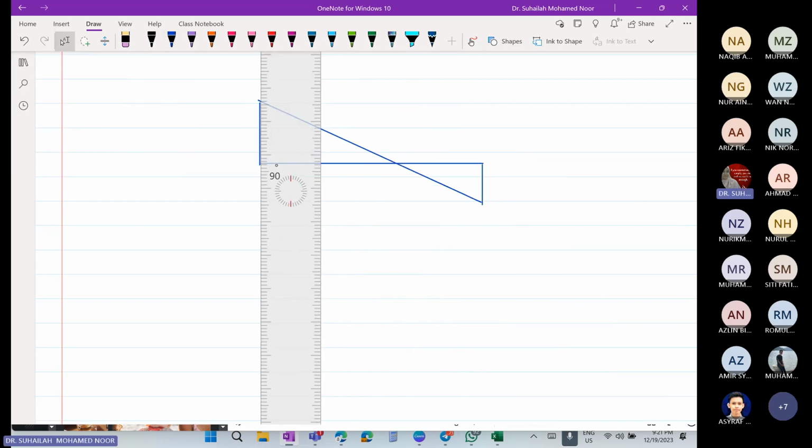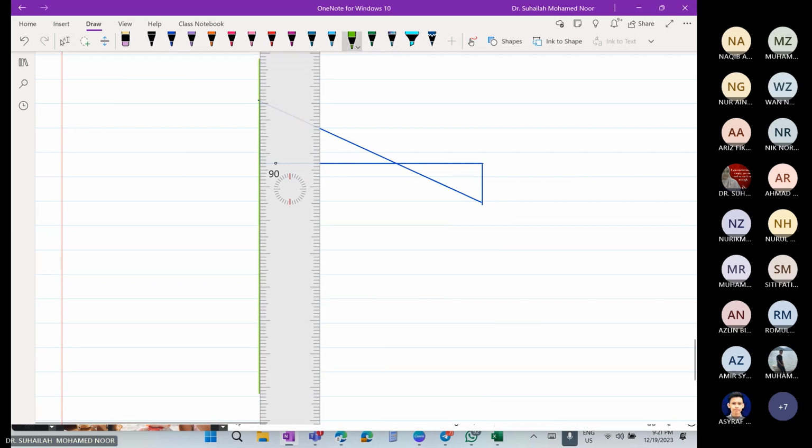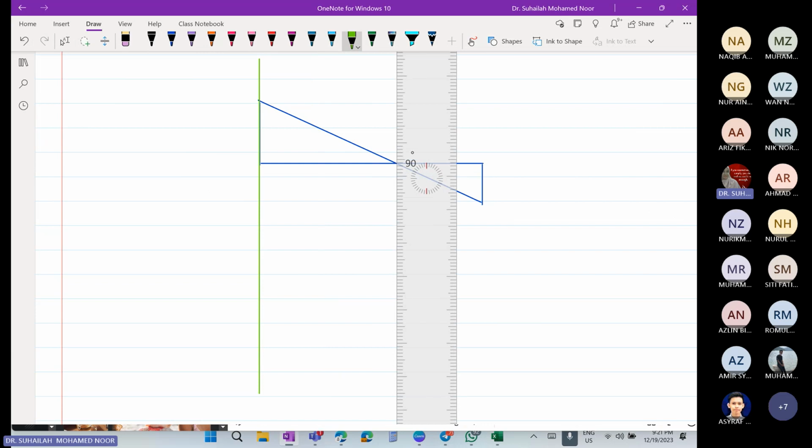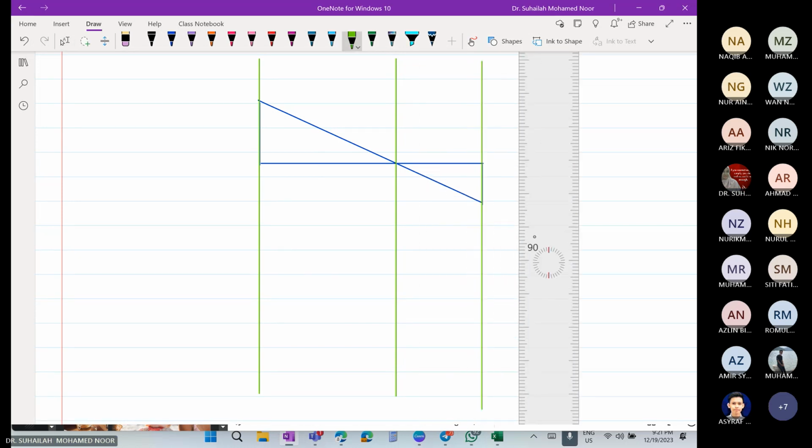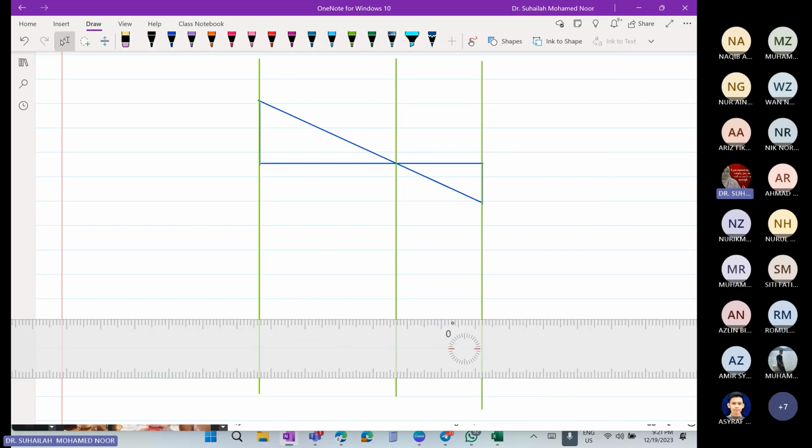Okay, so this is C. Okay, the intersection, this is D. Okay, now we are going to draw the BMD.